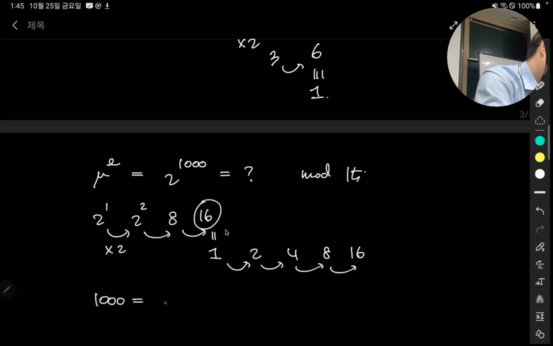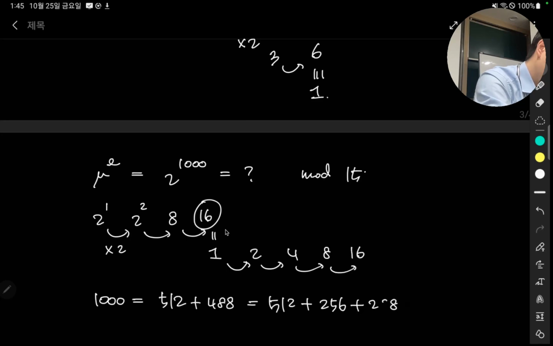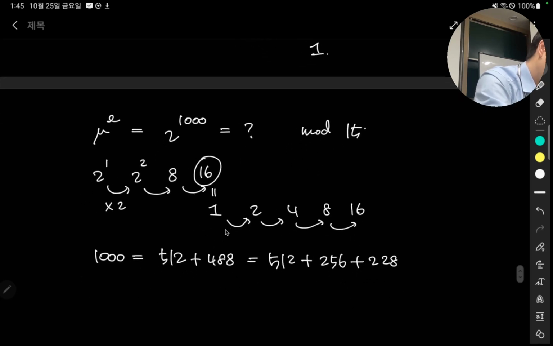512 plus 256, and then plus the remainder. Hope it's right.